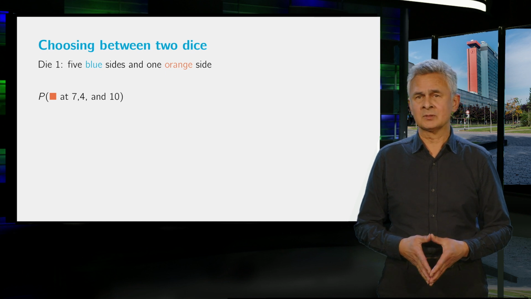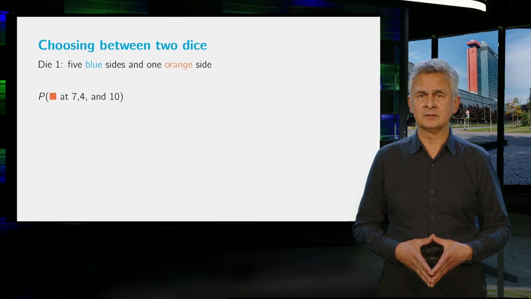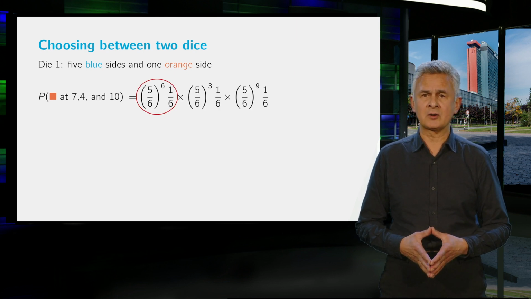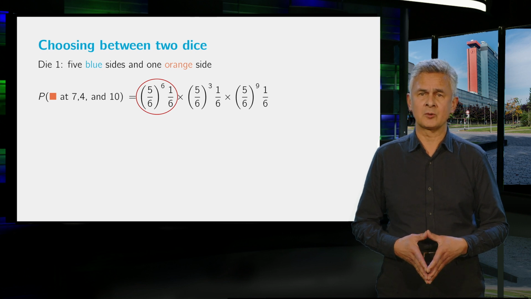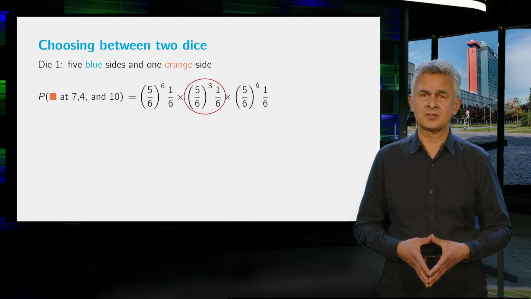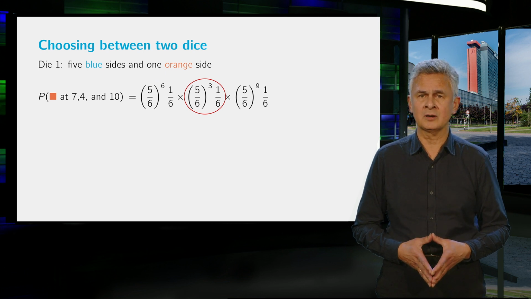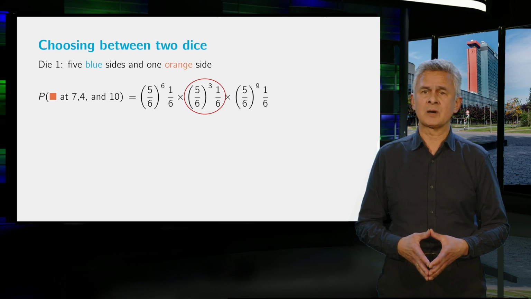For the dice example, the probability of having 7, 4, and 10 for die 1 is equal to the product of the probabilities of having orange on top for the first time in throw 7 times the same type of probability for having the first time orange in throw 4 times the probability having it in throw 10.